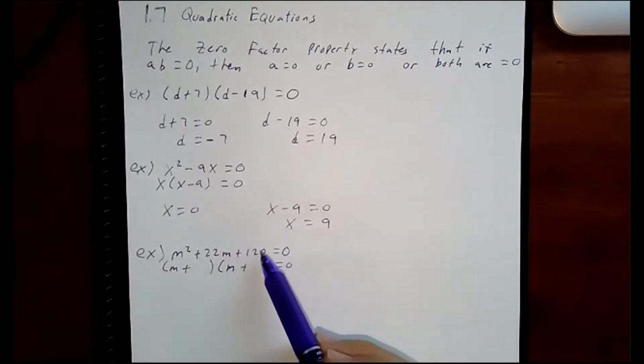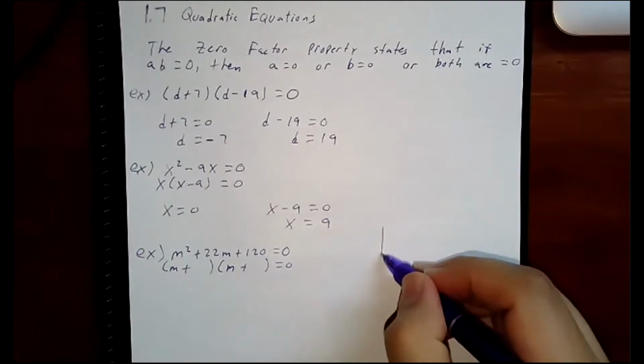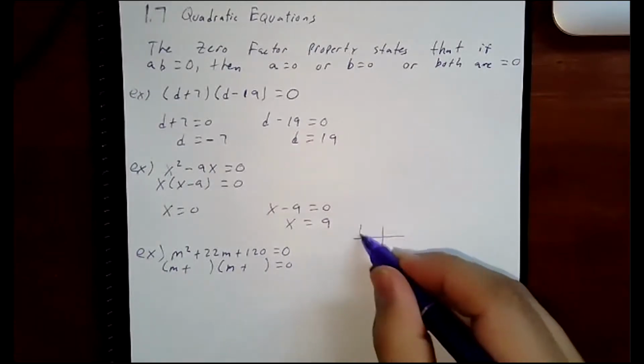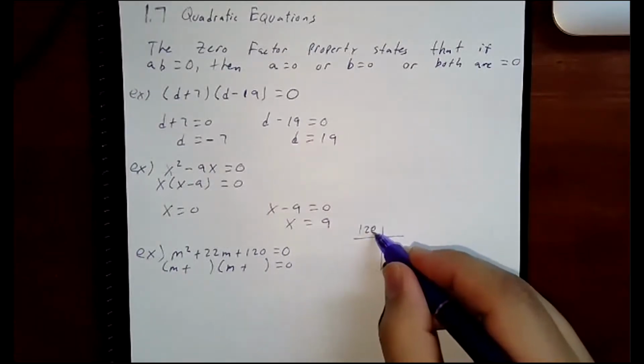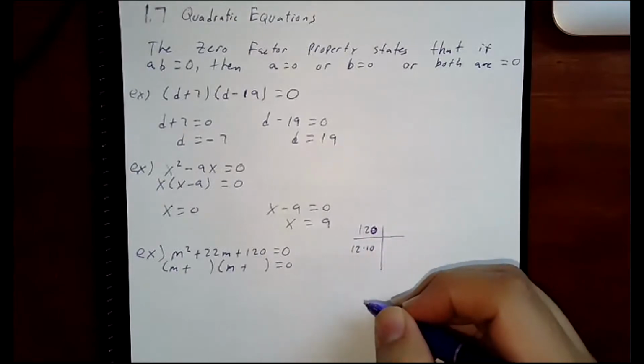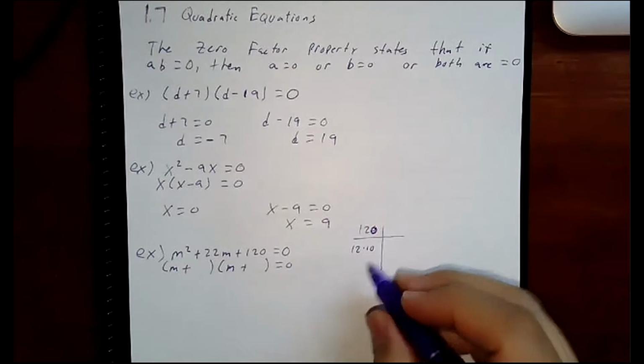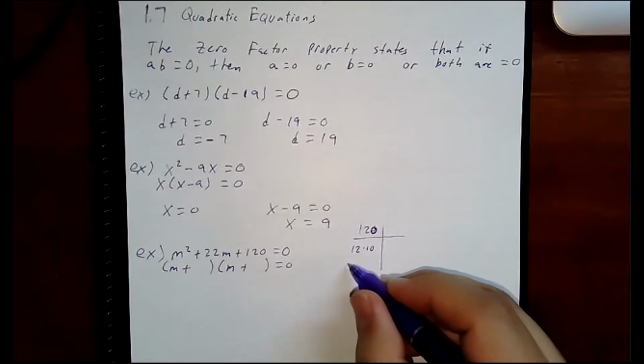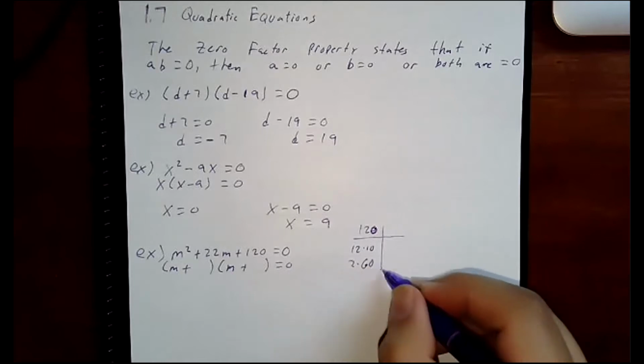So then, if you're not sure by looking at it, you should factor the constant. So 12 times 10, 2 times 60.